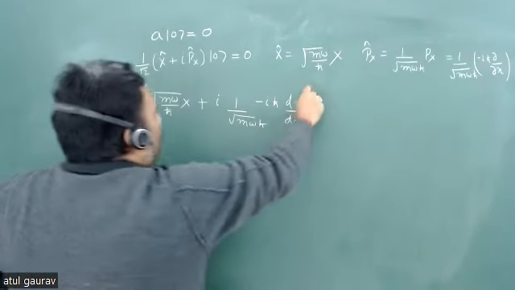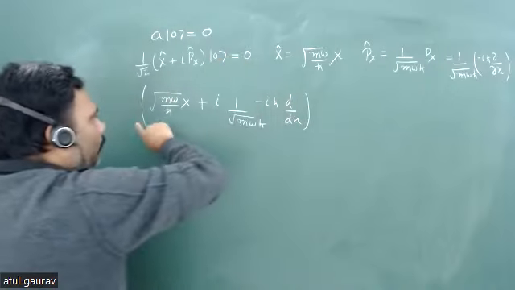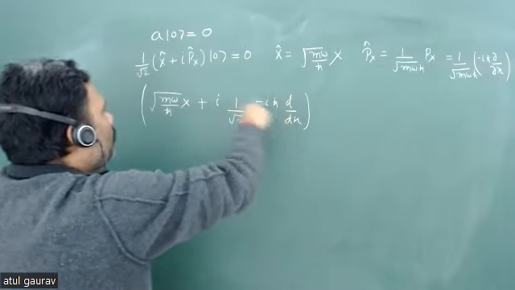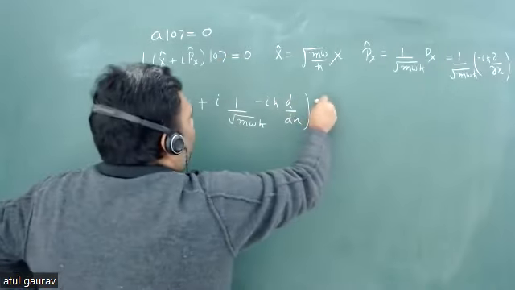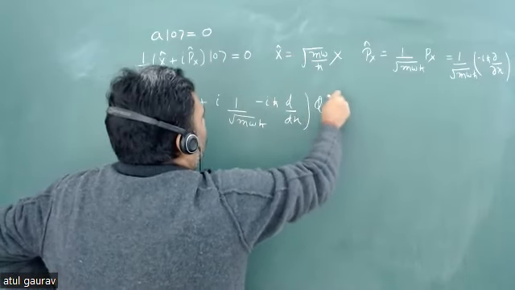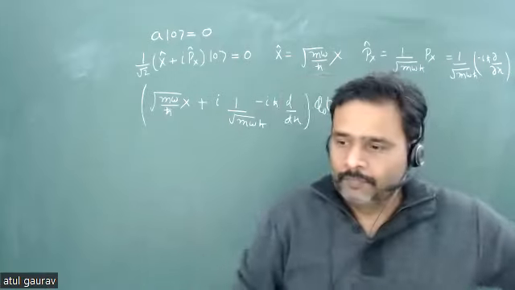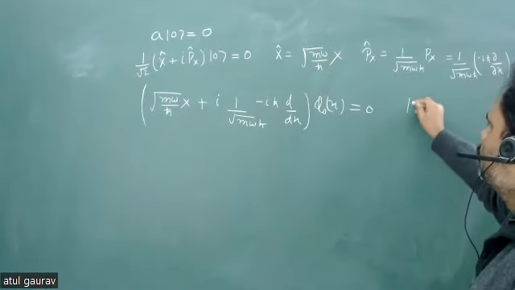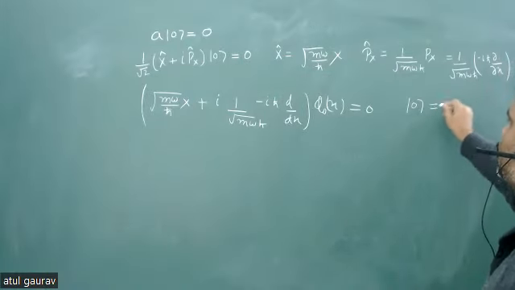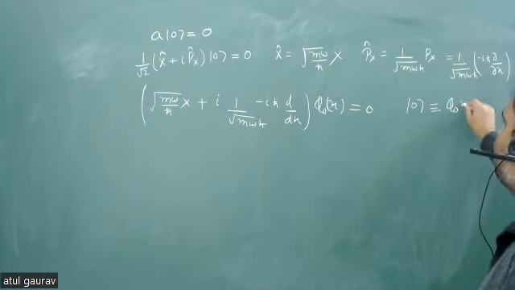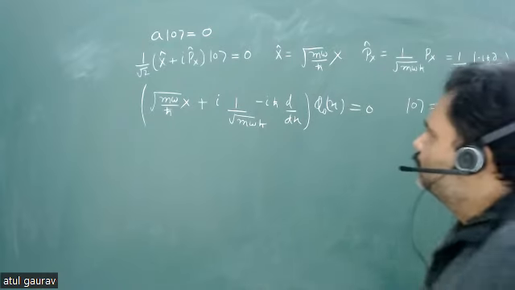And now if we are writing it in a position representation, I can write this whole thing acting on phi naught of x, and that value is equal to 0. So my 0 ket is nothing but equivalent to phi naught of x in a position representation.